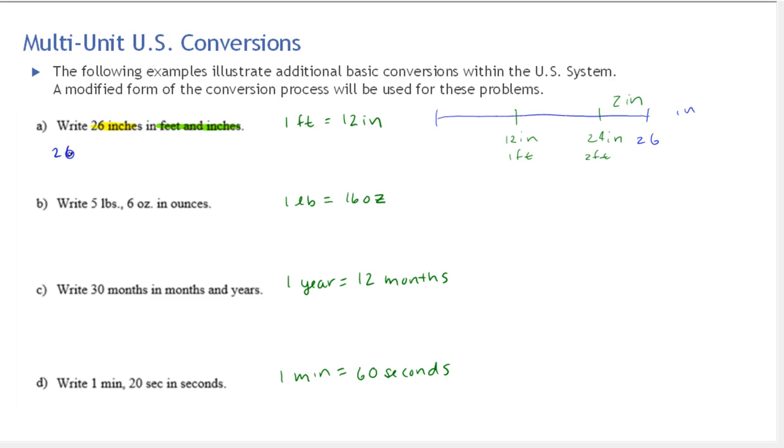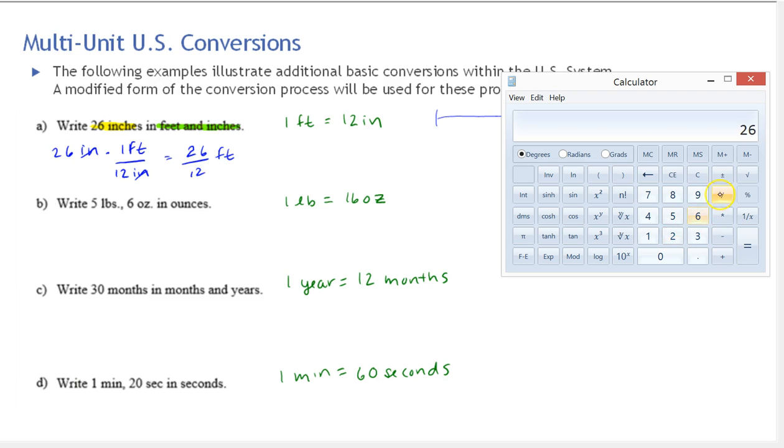So we're going to start with 26 inches, and now we're going to multiply by 1 foot over 12 inches. Okay. The inches will cancel, and notice this is 26 over 12 feet. But now instead of writing this as a decimal, we're going to do the division of 26 divided by 12. So 26 divided by 12.